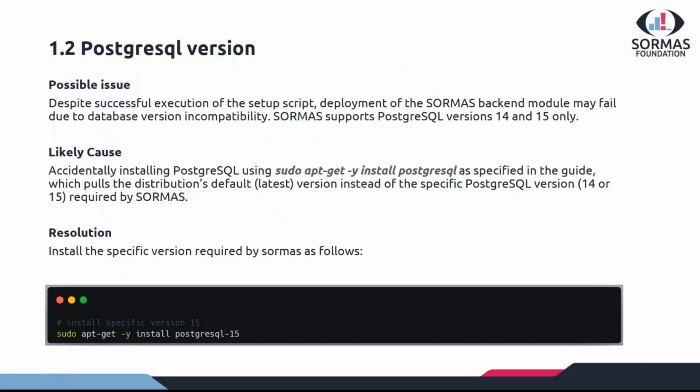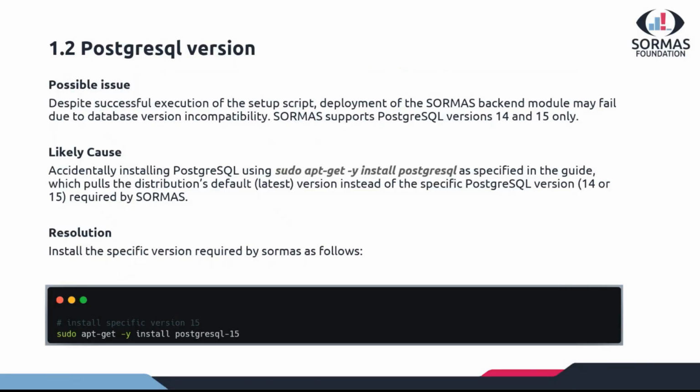Because the guide points to PostgreSQL's installation guide. And if you're not careful following that guide, you may install the very latest version of Postgres. And SORMAS at the moment only supports versions 14 and 15 only.